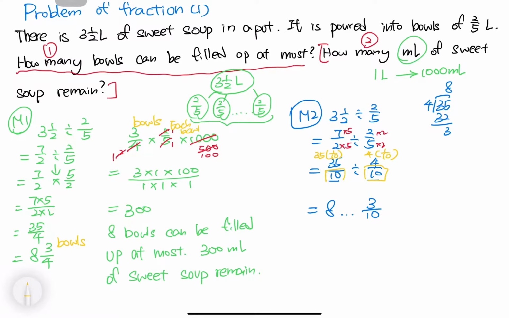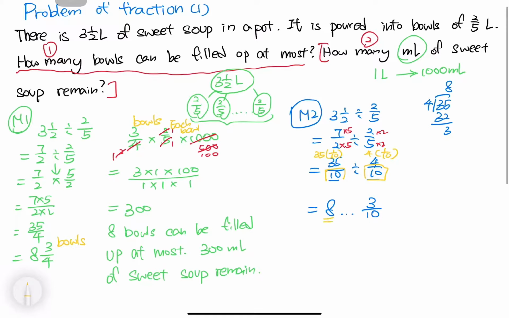You have 35 of 1/10, and you put 4 of 1/10 as a group. So you have 8 groups in total, which means that the first answer is 8 bowls. And then you have 3 of 1/10 left, which means that you have 3/10 liter left.